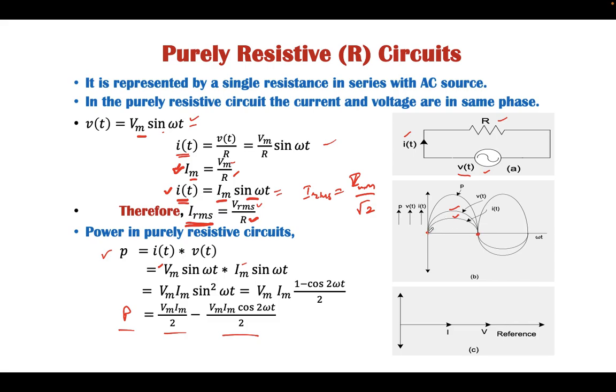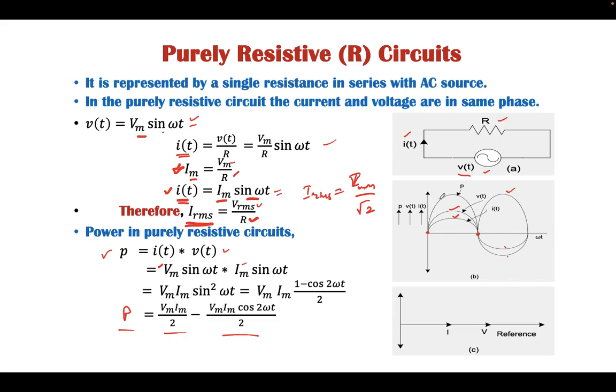Their magnitudes may be different, but they pass through 0 at the same time. Now the product of these two quantities: because both current and voltage are positive, power will be positive. Similarly, after this, in the negative half cycle, both the current and voltage waves are negative. Negative multiplied by negative, power will again be positive.